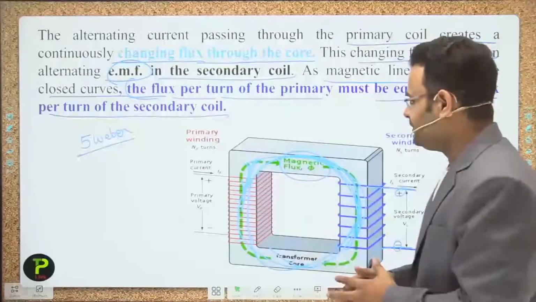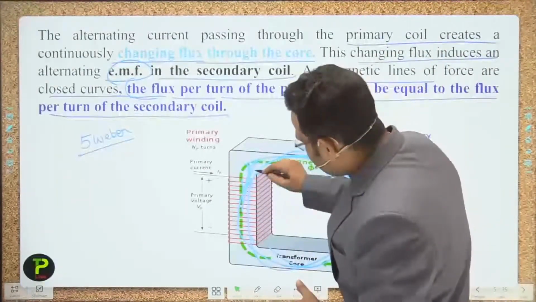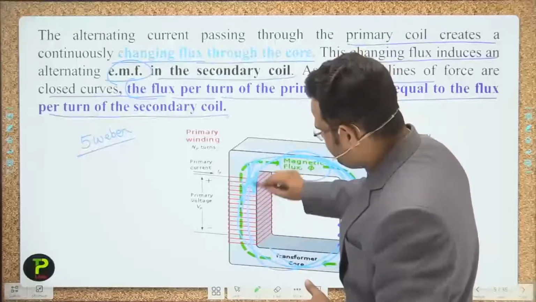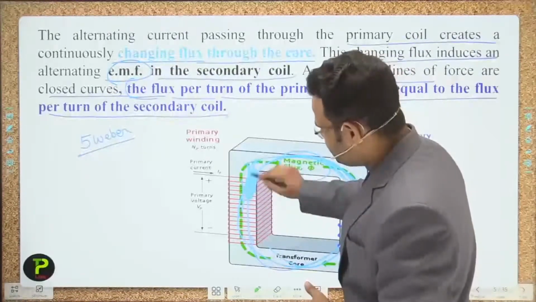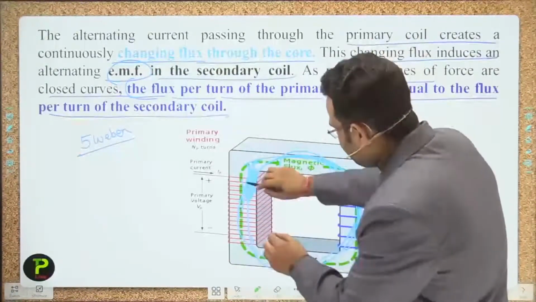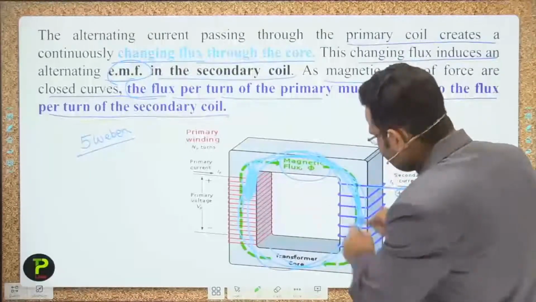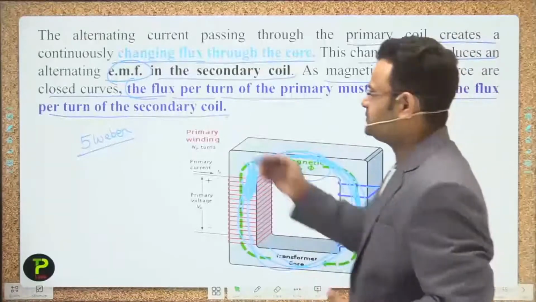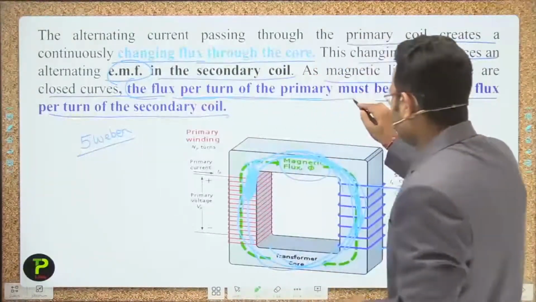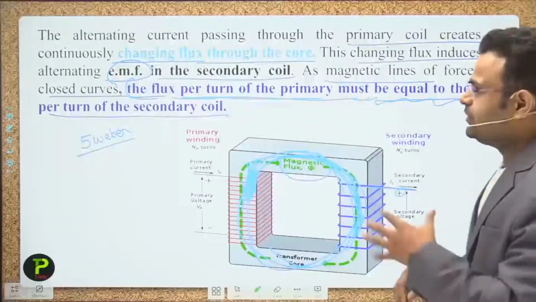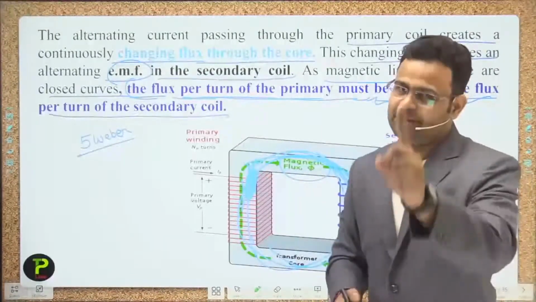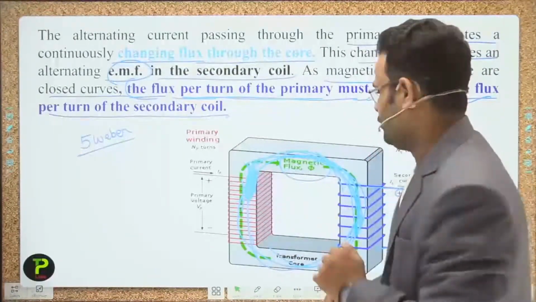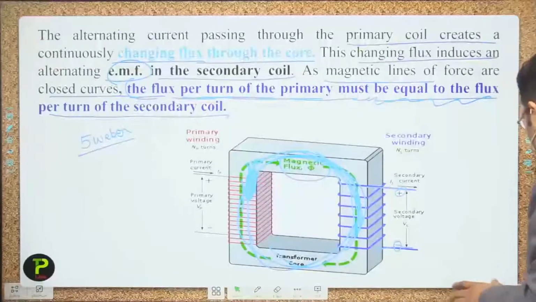Closed means that 100 magnetic field lines start from that point, so 100 will also pass through the secondary coil. So the flux per turn of the primary must be equal to the flux per turn of the secondary coil. Understand that? Now we use that concept.